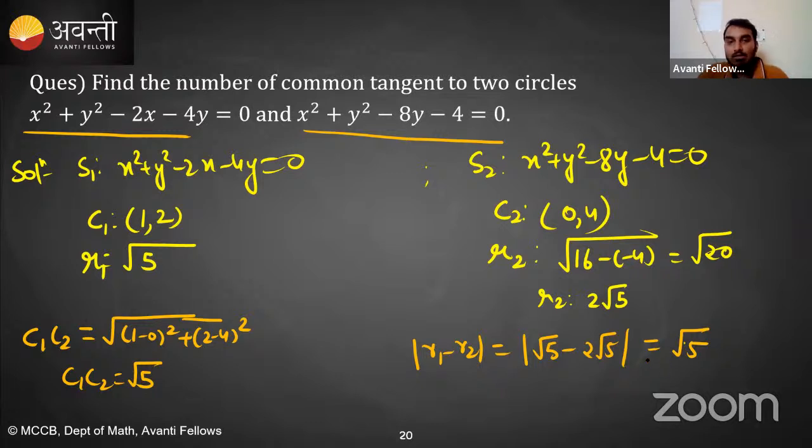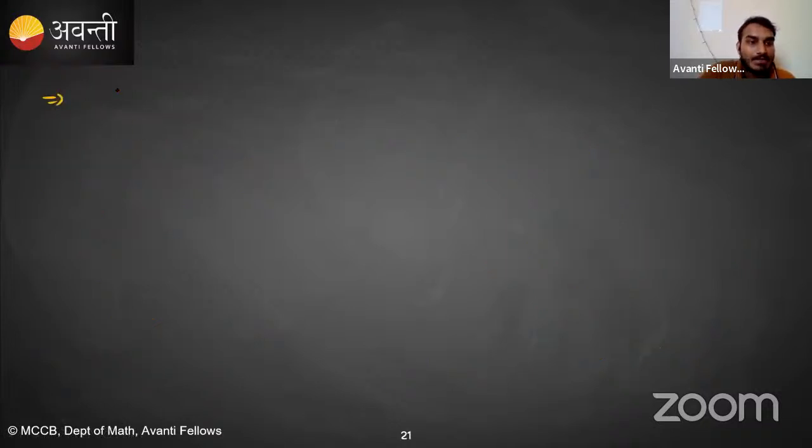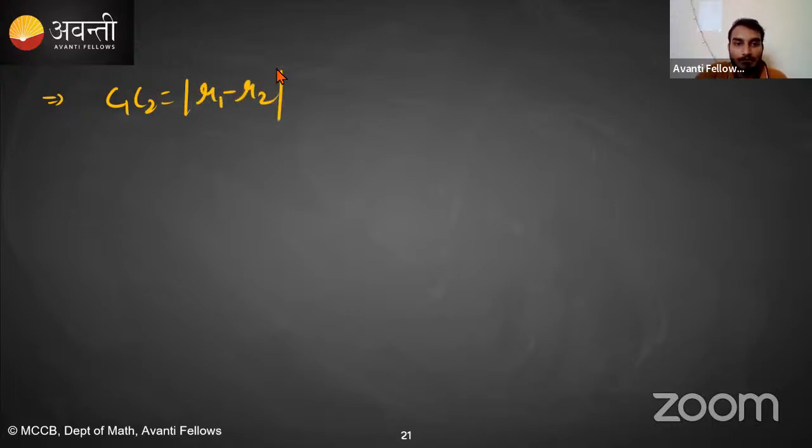So what you can observe here is that C1C2 is equal to mod of R1 minus R2. So which case is this? Yes, it is easier, as I said. This case is something like this. This is one circle and another circle is something like this.